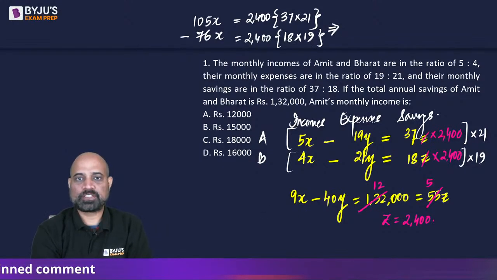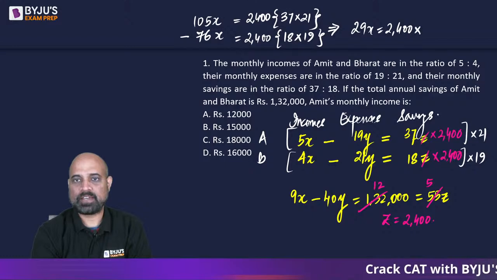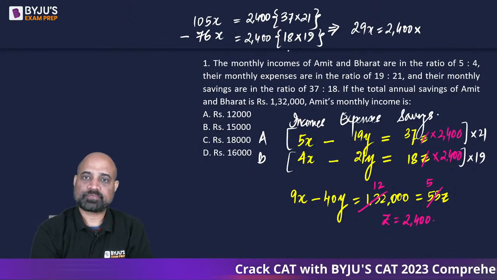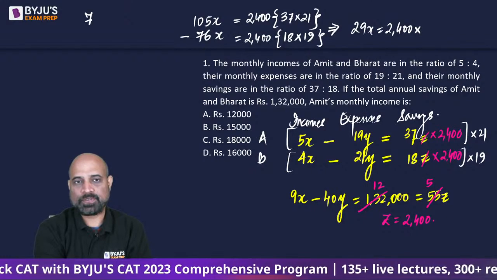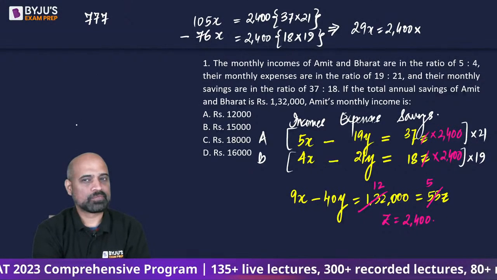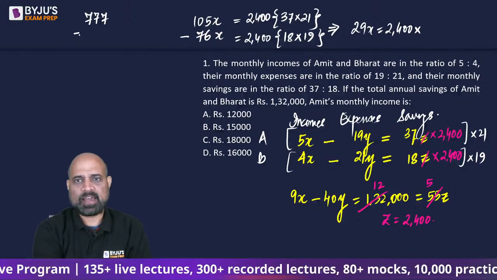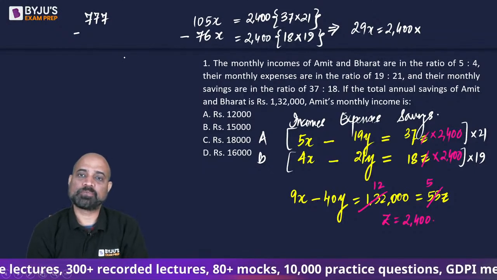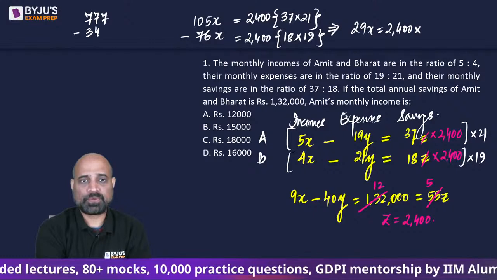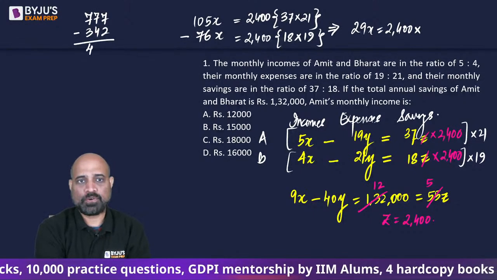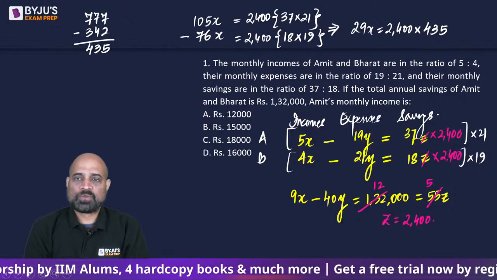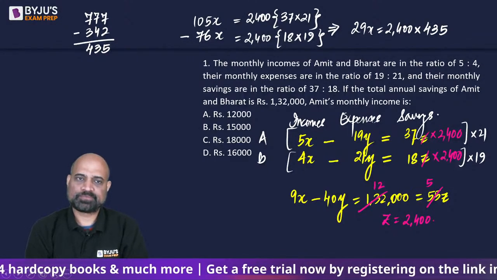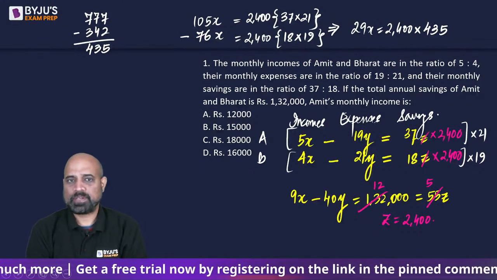If you solve this, we will have 105 minus 76, 29x, is equal to 2,400 into 37 into 21, which is 777, minus 18 into 19, which is 342. So this gives us 435.